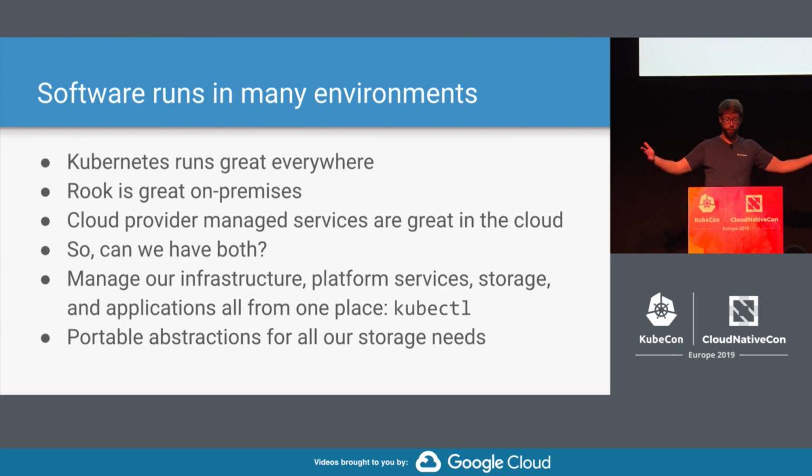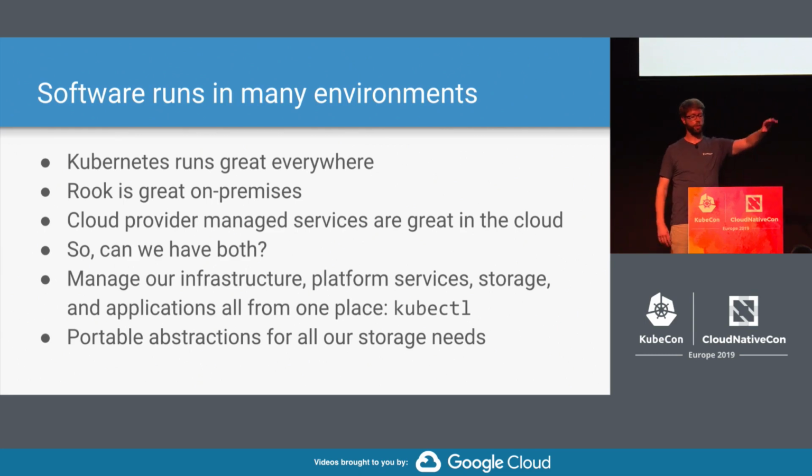So Rook is great for on-premises. I think, though, that the managed services that cloud providers run are great in the cloud. They have a full team of engineers behind them, with an SLA, et cetera. So the managed services that cloud providers write, those are good too.